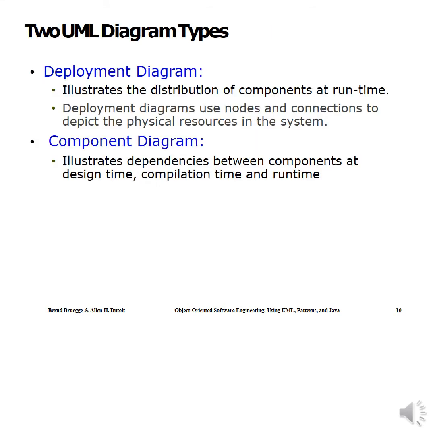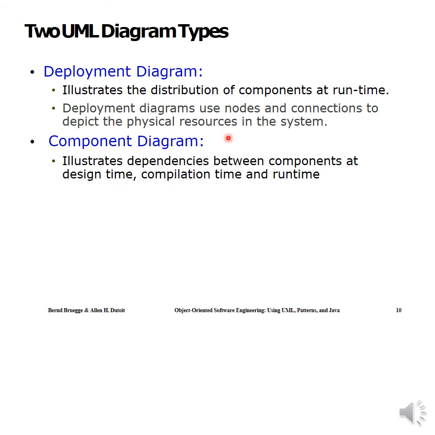Two types of diagrams we are using in this lecture. We have already discussed these diagrams. One is the deployment diagram, which illustrates the distribution of components at runtime. It uses nodes and connections to depict the physical resources in the system.